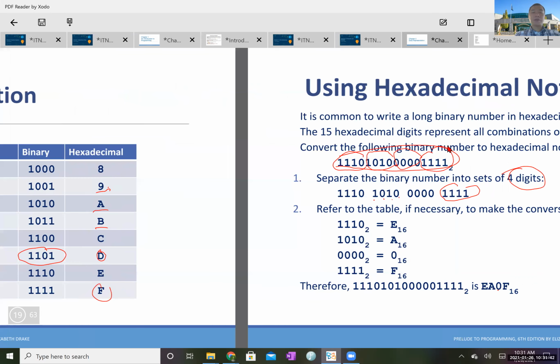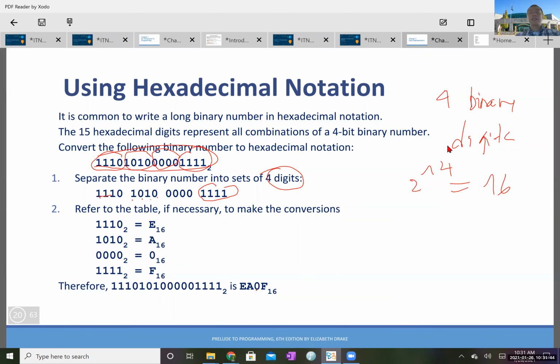Okay. Now, in the case that I have another example here. I have 1, 0, 1, 1, 0, 0, 0, 1, 0, 1, 1, 0, 1.